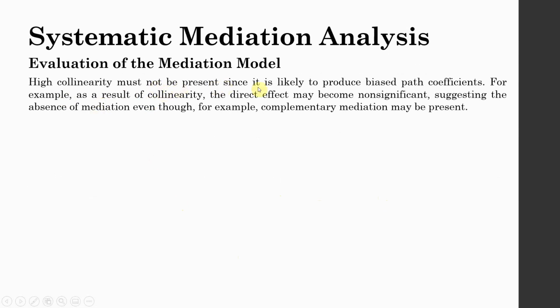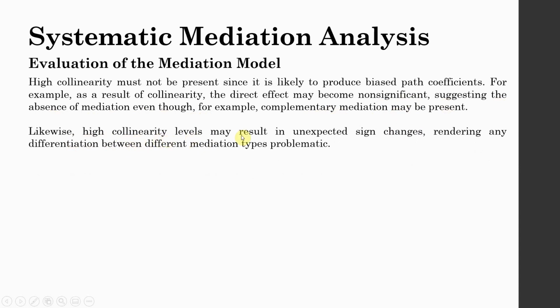High collinearity must not be present since it is likely to produce biased path coefficients. For example, as a result of collinearity, the direct effect may become insignificant, suggesting the absence of mediation even though, for example, complementary mediation may be present.